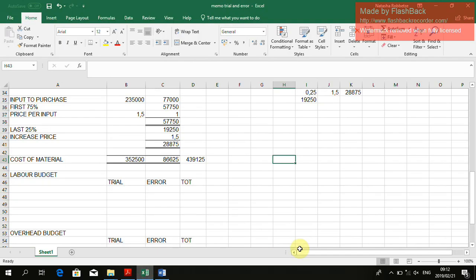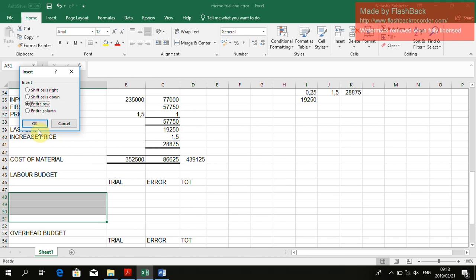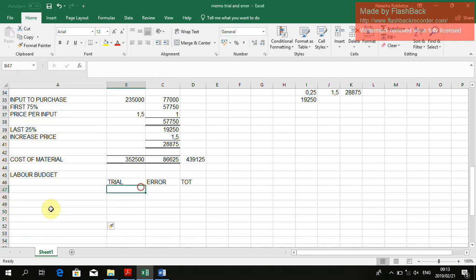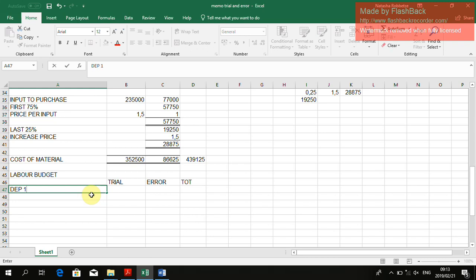So I'm going to complete the labor budget, and I'm just going to insert lines for myself already because I seem to be running out. Right, so you will find for the labor there are two different departments. So I'm going to start with Department 1. In Department 1, if I look at my information, they have given me the input and the price.